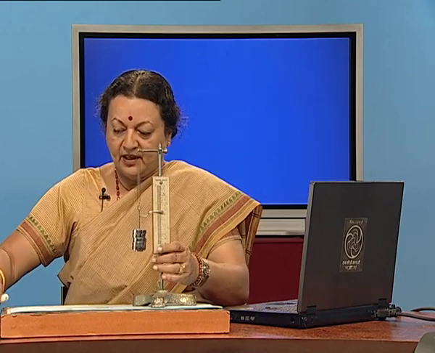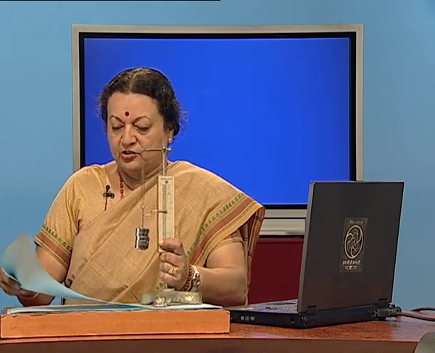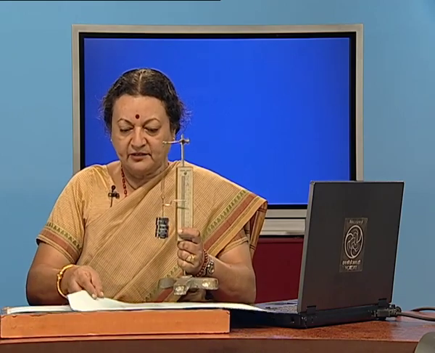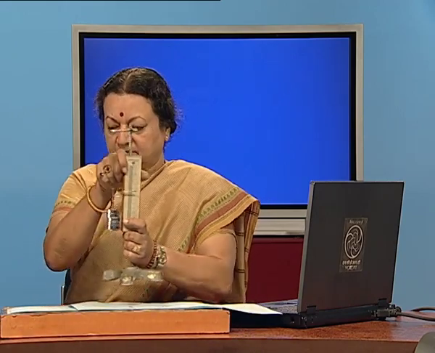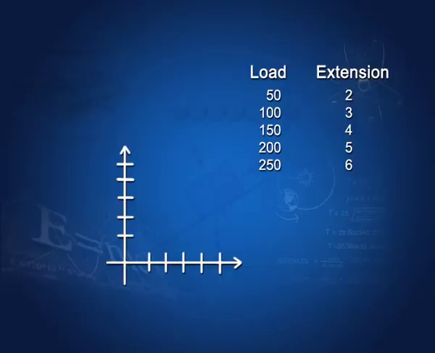Noting this down, we can plot a graph for this, and let me show you what this graph will look like. For the moment, I will remove this. These are our measurements. We loaded the spring, and these are our extension values as recorded from the scale attached to the spring.